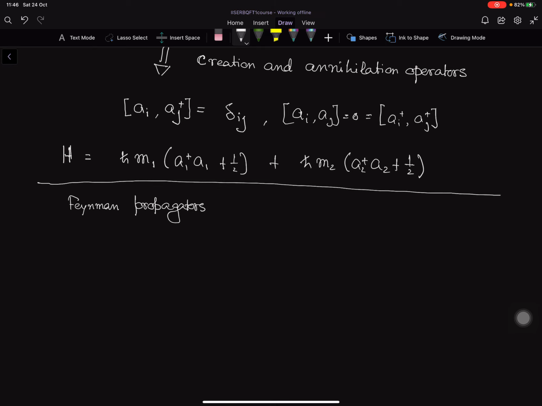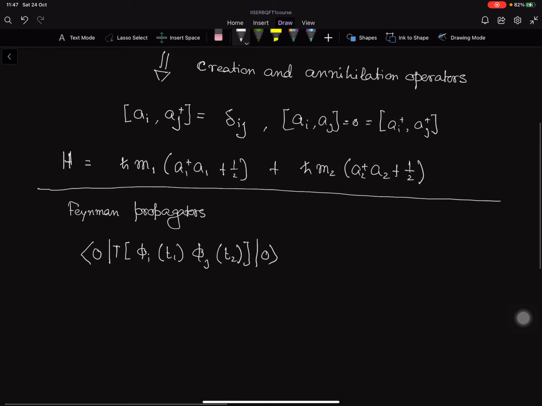So the Feynman propagator is defined as the time ordered product of, let's say, phi i(t1) phi j(t2). Now there are two cases.